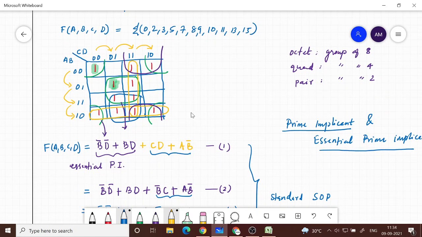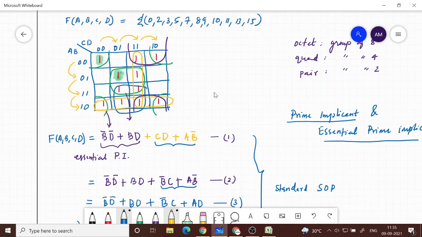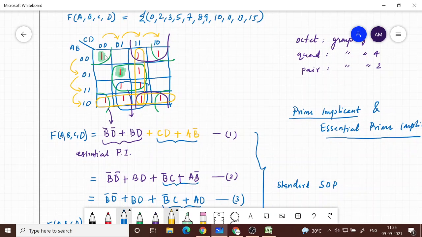Now there are so many ways in which you can group this function, out of which two of them are essential, which I denote with green groups. The green color is representing the essential groups.